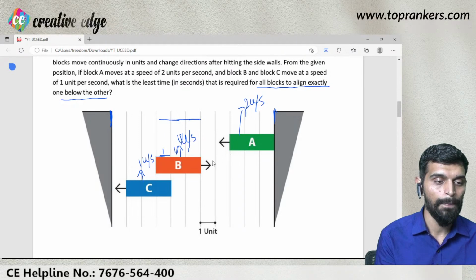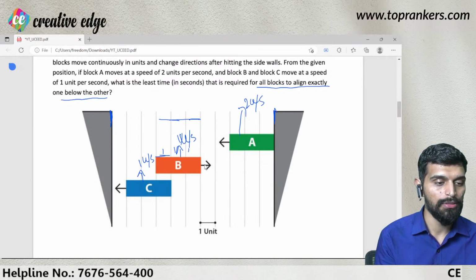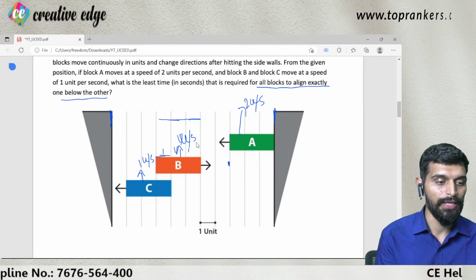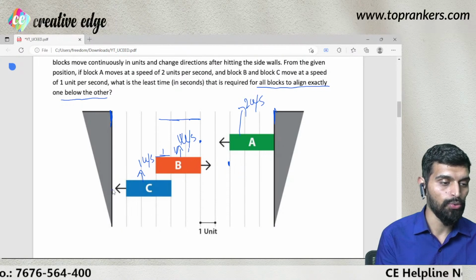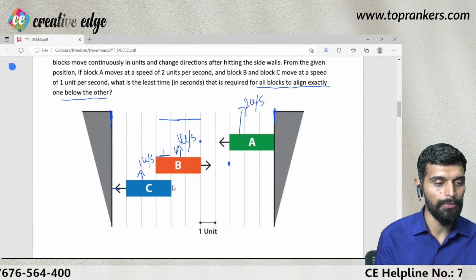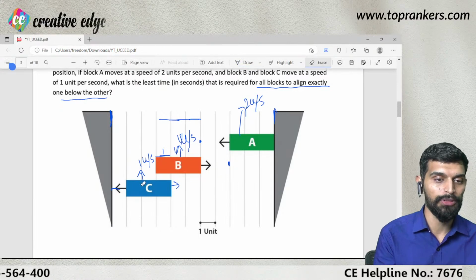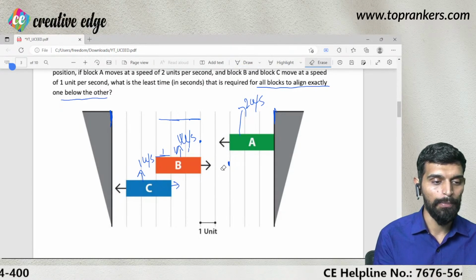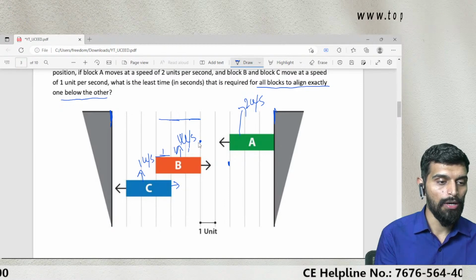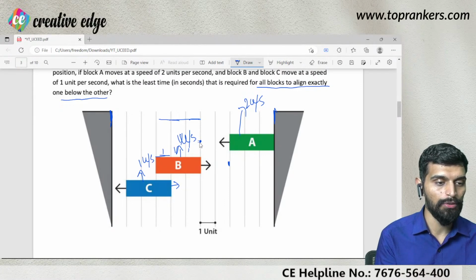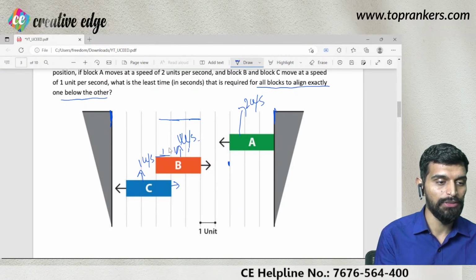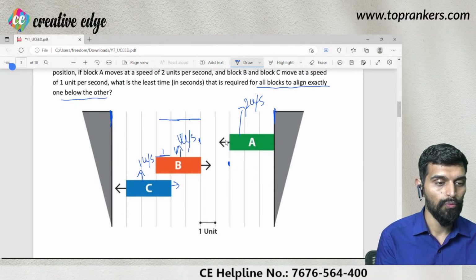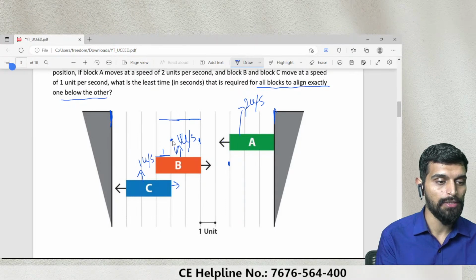After 2 seconds, this B will be reaching this line and this A will be reaching this line, right? And after 2 seconds, this C will be again at the same position, but with the arrow in the opposite direction. Now after 2 more seconds, this A will be somewhere here, 1, 2, 3, 4, so four lines ahead.